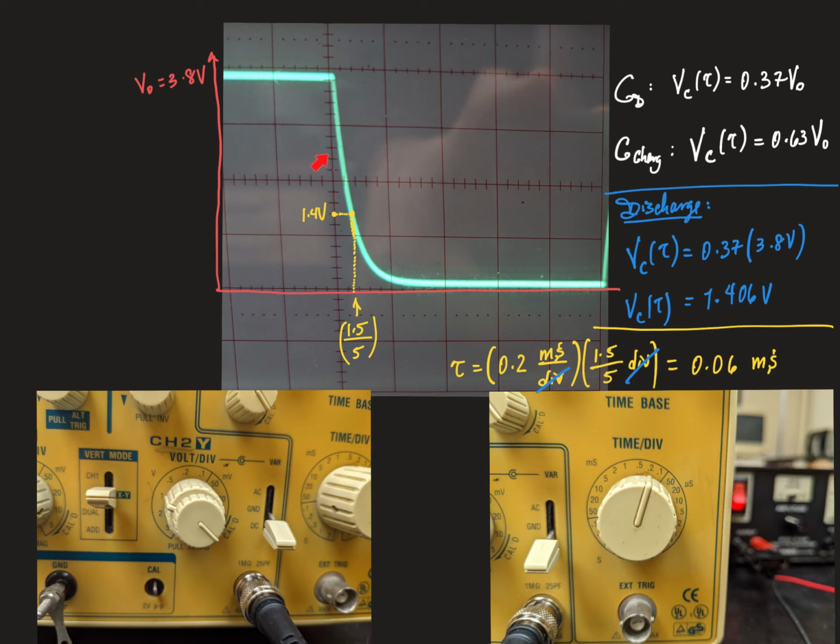You go to the graph, you find the 63%. Then go in the horizontal direction and find the time where that voltage happens. The time when the voltage is 63% of the maximum voltage during charging will represent tau, which for these settings should be almost the same.